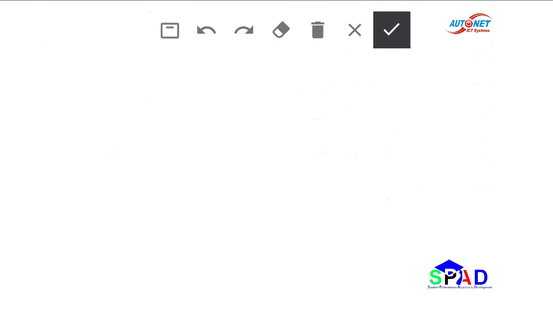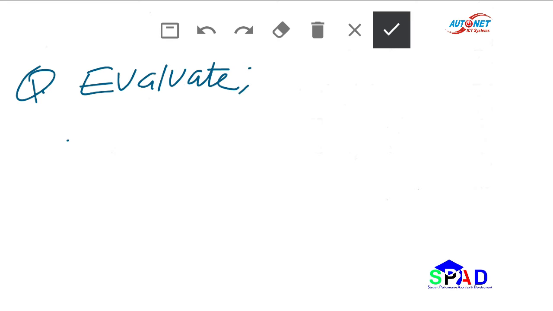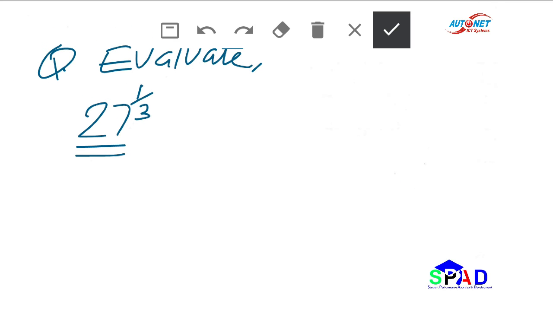Next, I want us to look at problems on fractional indices. So when you're told, for example, to evaluate 27 raised to power a third, what exactly do we mean? Whenever you encounter this kind of a question, we encourage students to do factorization. So we need to express 27 in its simplest form in terms of prime factors.